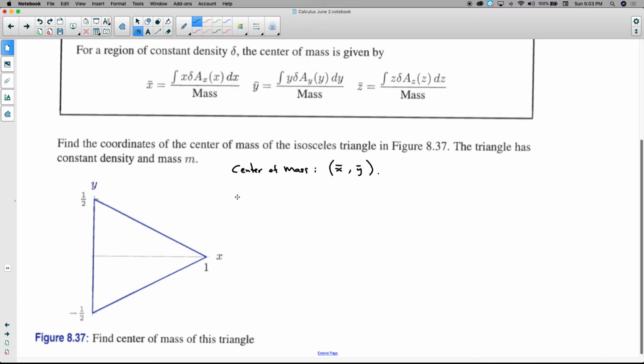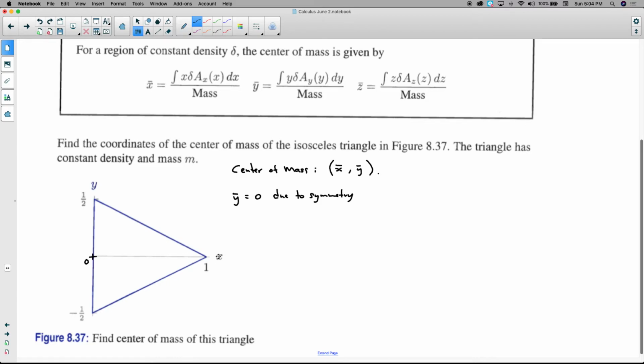All right, now I'm going to argue right away that y bar is 0. And that's due to symmetry, and the fact that this is 0, 0. Okay, so there's symmetry. There's an equal amount of area above and below.